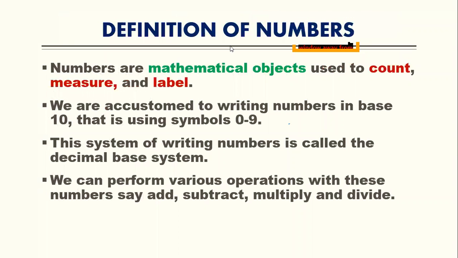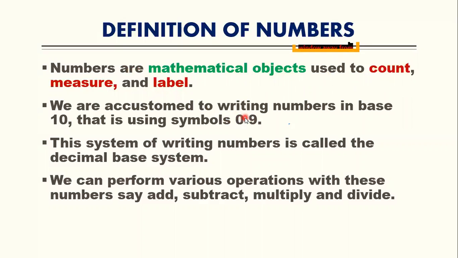If you are to define what a number is, basically we define a number as a mathematical object which is used to count, to measure, and to label. So most times we are used to writing numbers 0 up to 9.